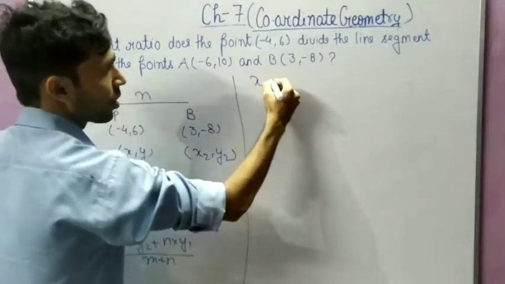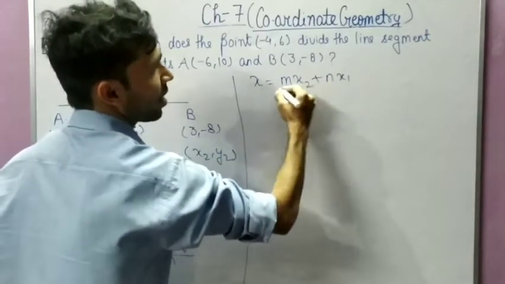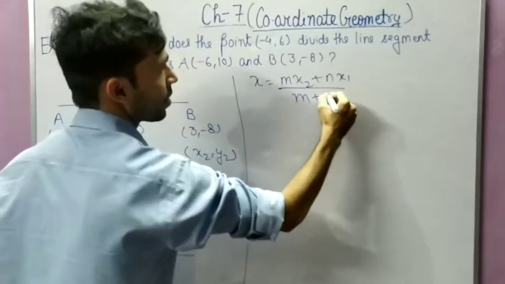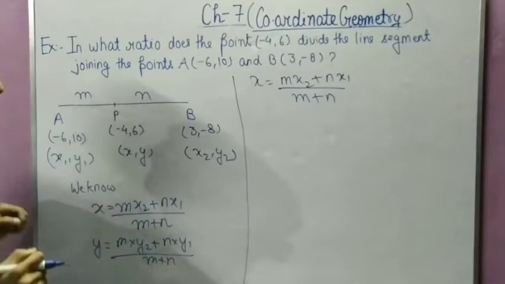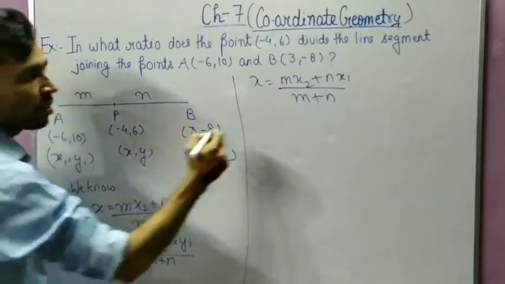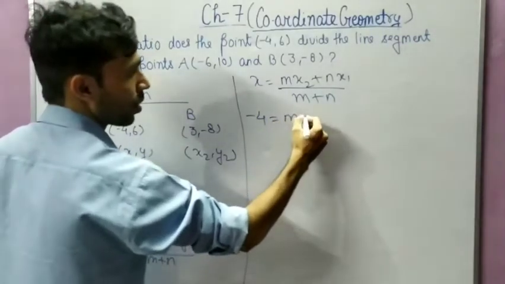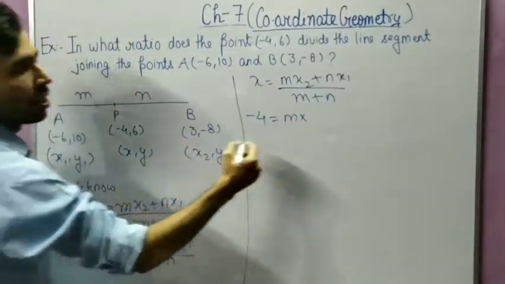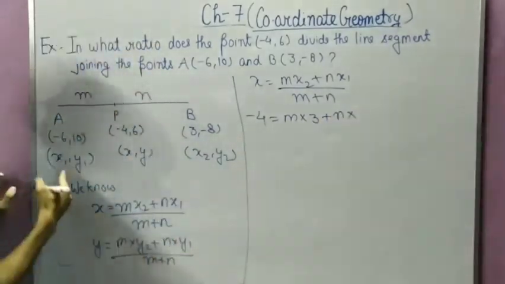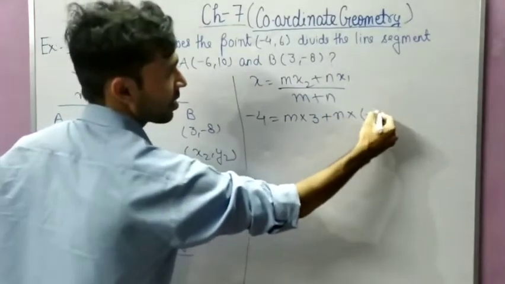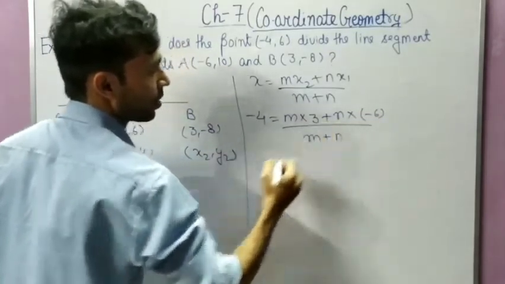So x equals what? (m x2 plus n x1) upon (m plus n), and we have to find the ratio m:n. Now the value of x is given, that is -4. m we don't know, and x2 is 3, so 3m, plus n we don't know, and x1 is -6, so -6, divided by (m plus n).